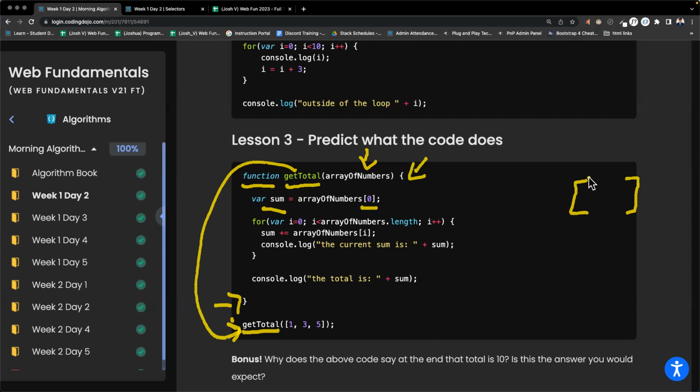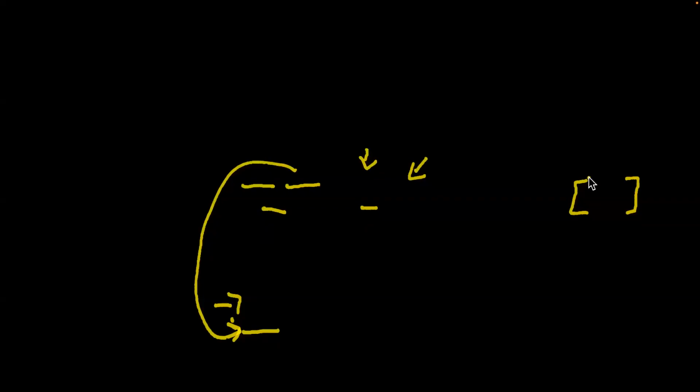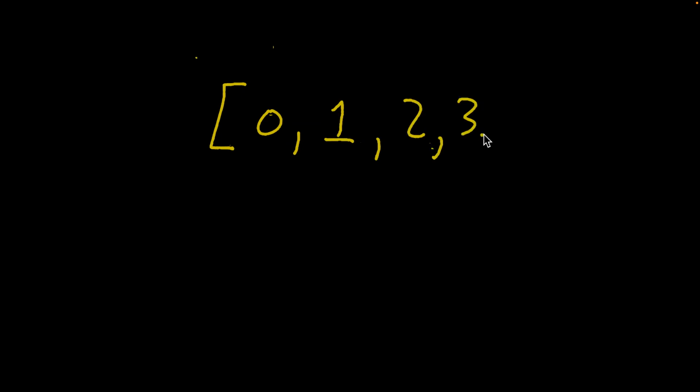Okay, so let's go over the concept of an array really quickly here. Here we have an array, 0, 1, 2, 3, and 4. Now, I'm going to say var r equals this array.